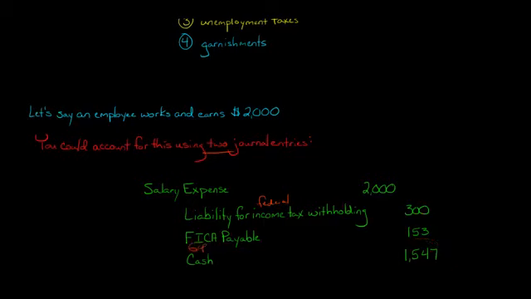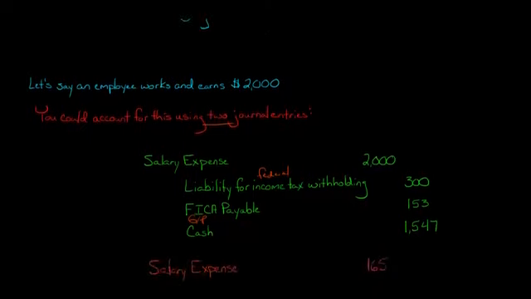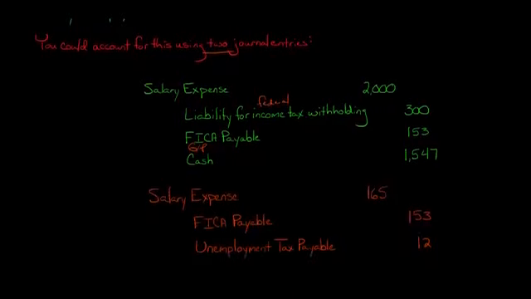Now, these amounts here are taxes that the employer is withholding from the employee's earnings and then going to submit them to the government on behalf of the employee. However, the employer might have to pay the government themselves. For example, in the U.S., FICA is split 50-50.